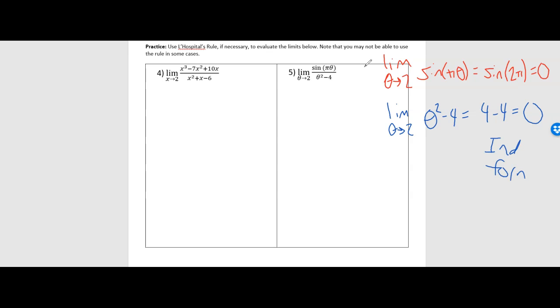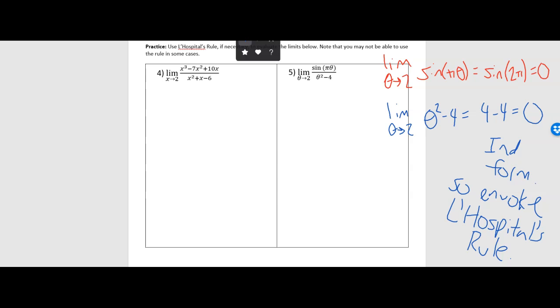Which means I can invoke L'Hopital's rule. There are some different spellings of this. Some people spell it without the S, L'Hopital. There are some spellings with the S, so just to let you know, you may see it written some different ways.